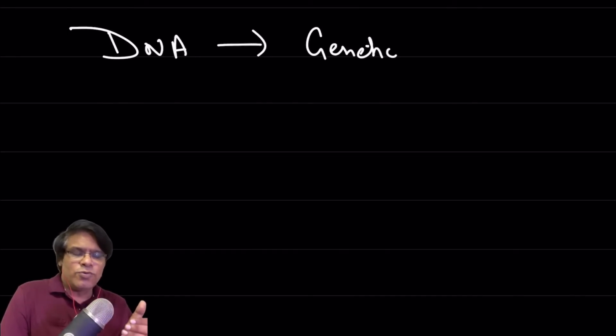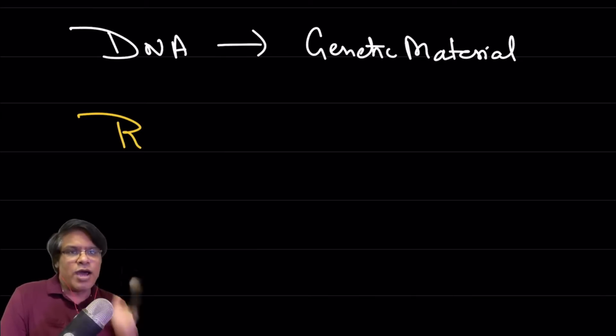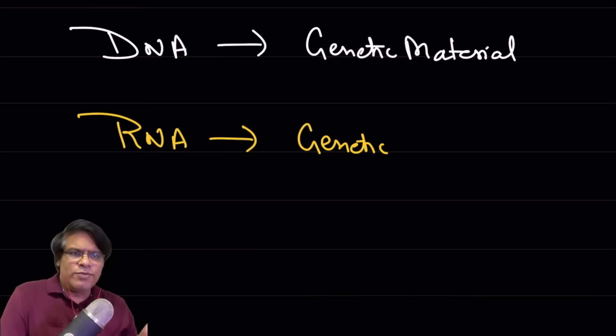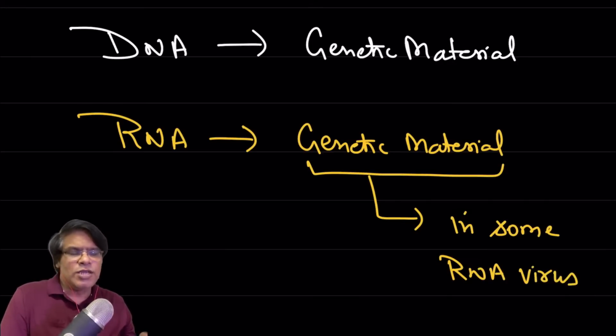Now in the case of DNA, you must be knowing DNA is the genetic material in most organisms. DNA stores genetic information and acts as genetic material in most organisms. While RNA generally does not act as genetic material, but in certain cases, like in some RNA viruses, you see RNA as the genetic material.